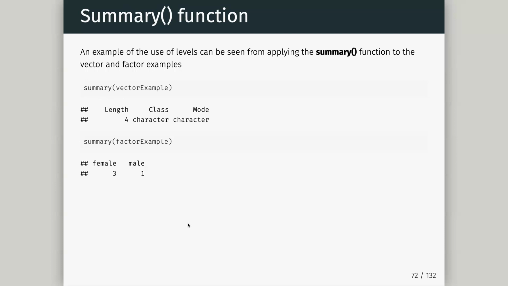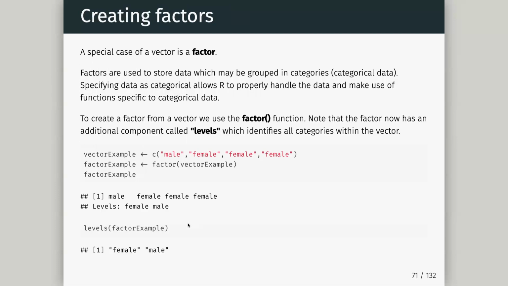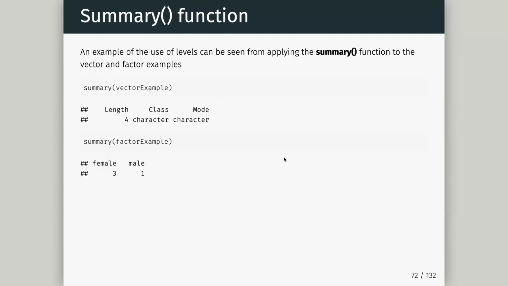If summary can look at your data, it will know what type of object it is. So if it's a standard vector, when you pass summary a standard vector, and I think we just created this a few slides ago, here's the vector example, male, female, female. It's going to give me some results back, and it's going to tell me the length of the vector is 4, class is character.